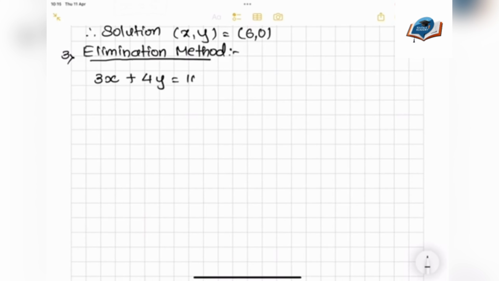So now let us see one example. 3x plus 4y equal to 10, this is first equation. Now second equation is 2x minus 2y equal to 2. Second equation.